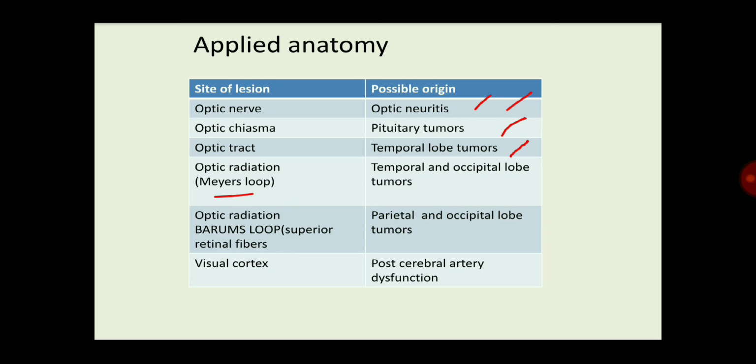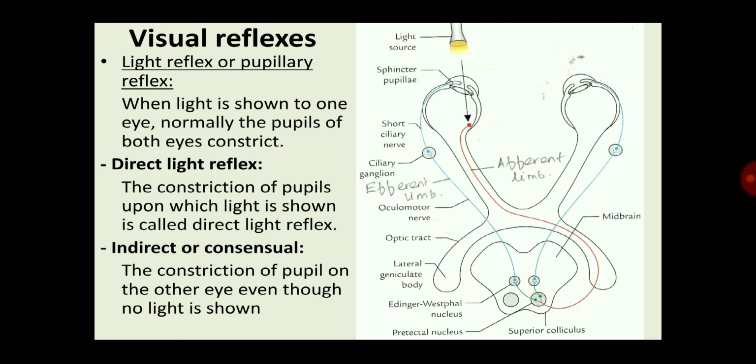The optic radiation, mainly Meyer's loop, can be damaged due to a tumor in the temporal or occipital lobe. And the superior retinal fiber, that is Baum's loop, is mainly affected due to a tumor in the parietal and occipital lobe, as it passes through the parietal lobe region. And the occipital cortex is mainly affected due to damage or dysfunction of the posterior cerebral artery.